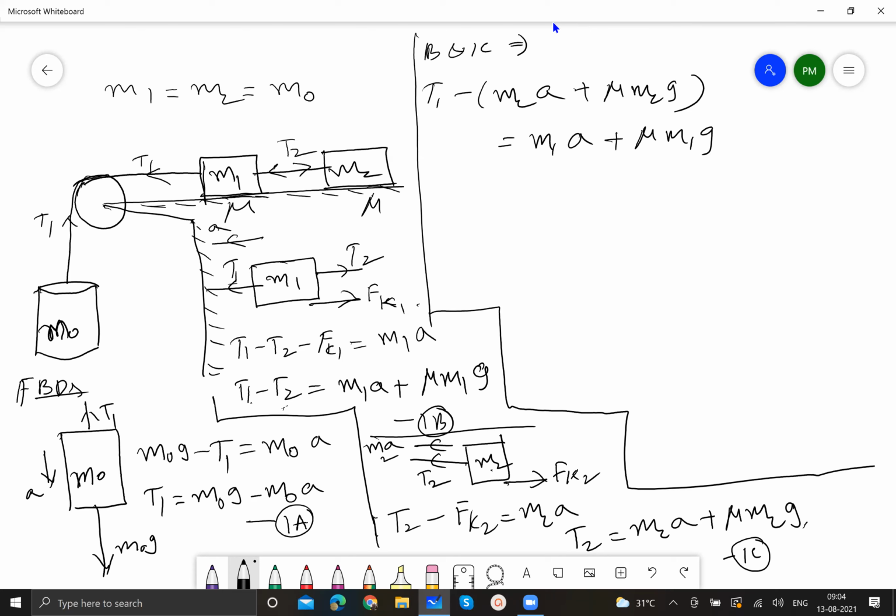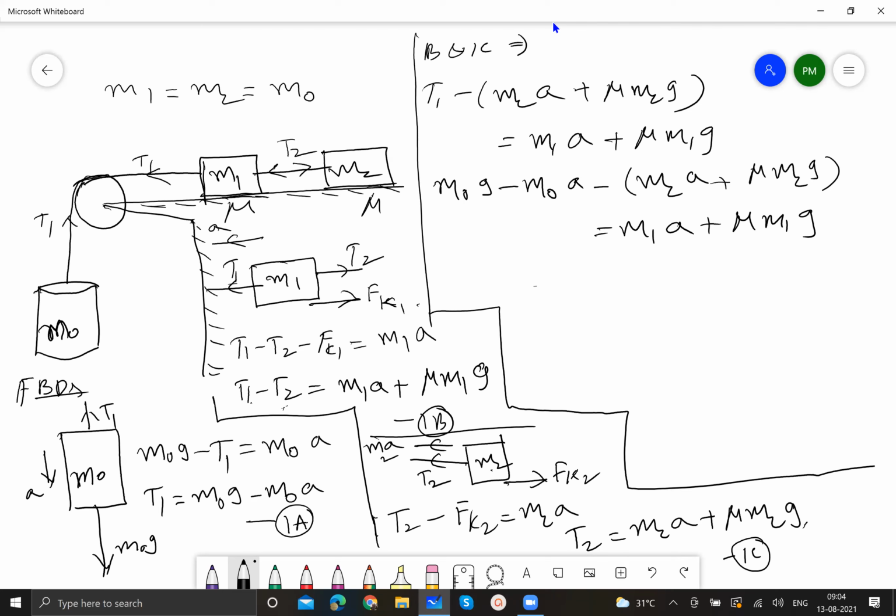Then in place of T1, you write M0G minus M0A minus M2A plus mu M2G is equal to M1A plus mu M1G.